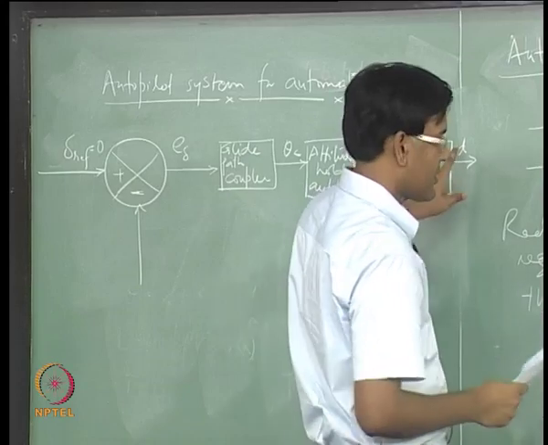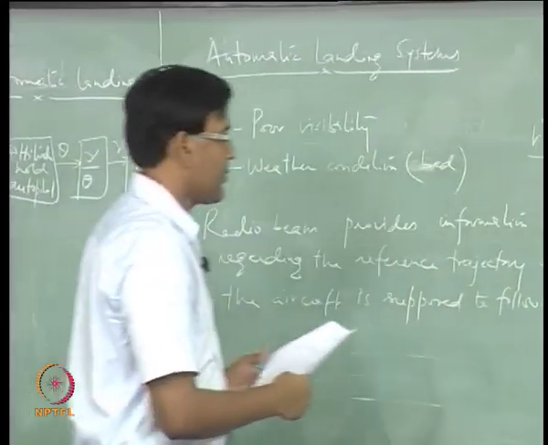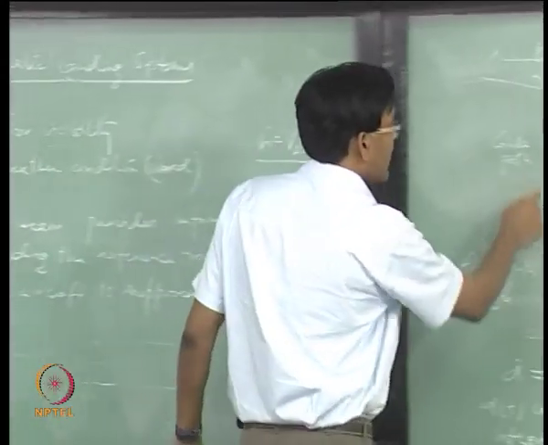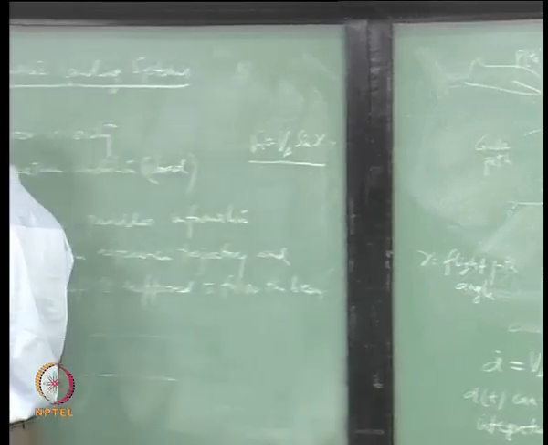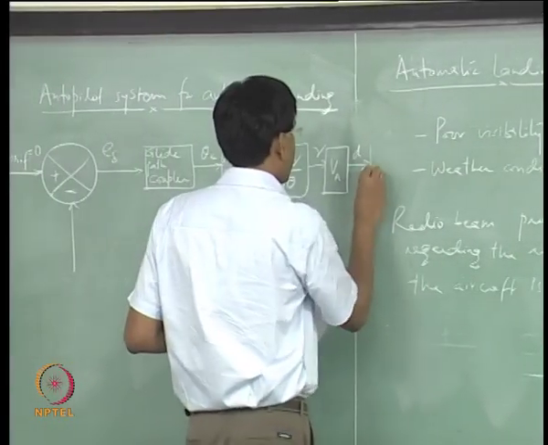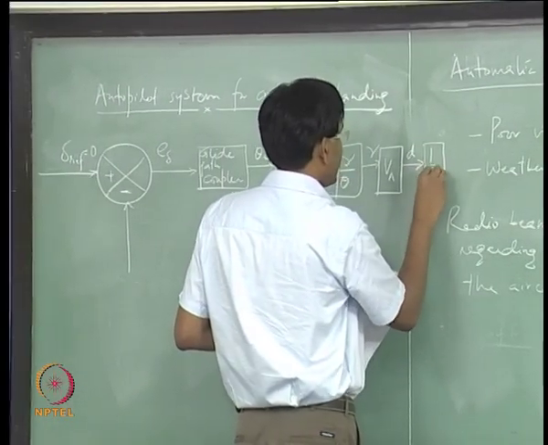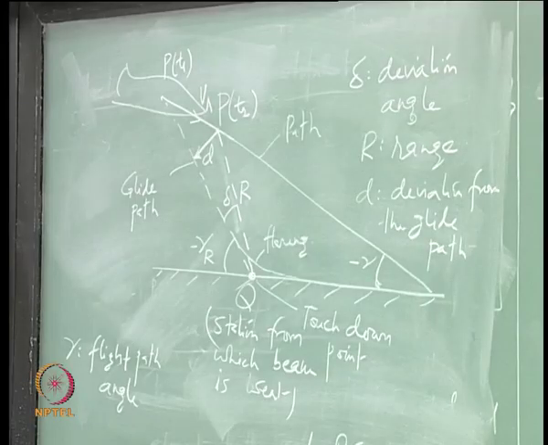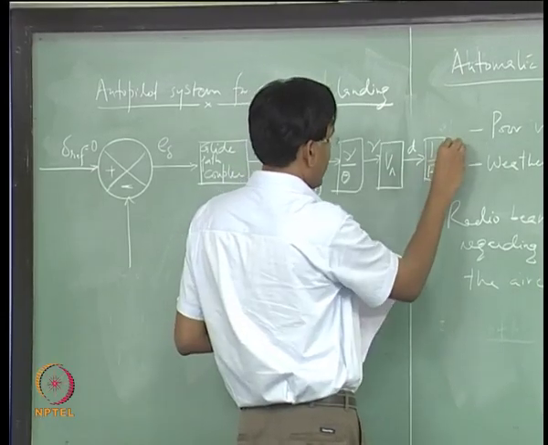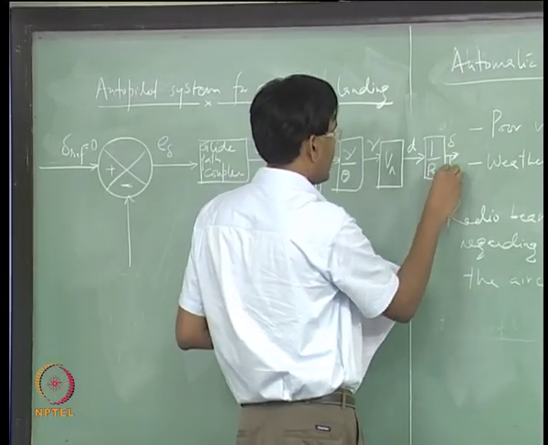This gives the deviation from the glide path, which multiplied by 1 over r gives the actual delta.